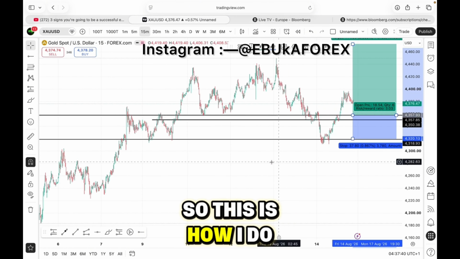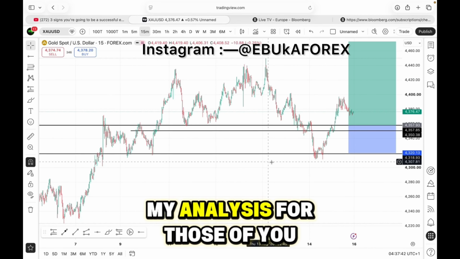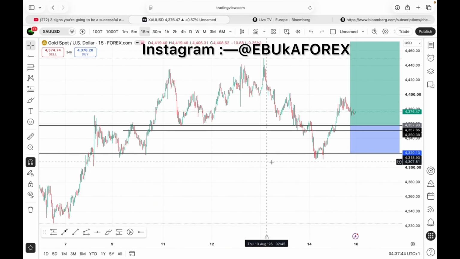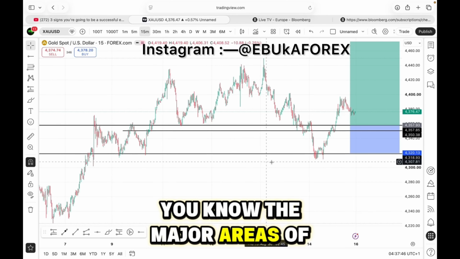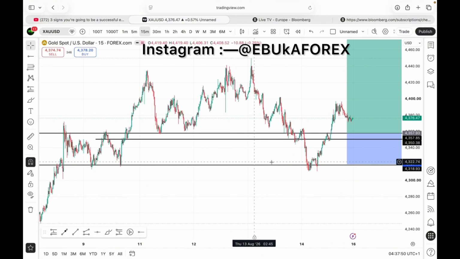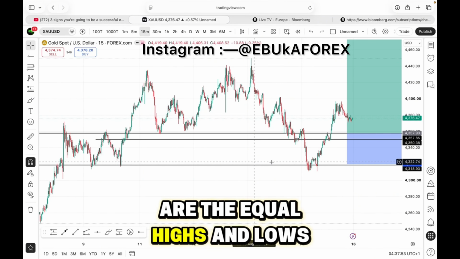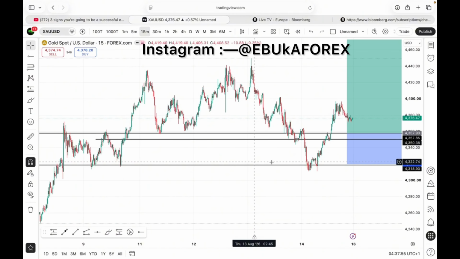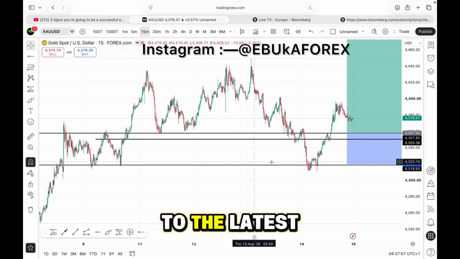So this is how I do my analysis. For those of you that have been asking, the major areas of liquidity in the market are the equal highs and lows. So you need to pay attention to the relative equal highs and lows in the market.